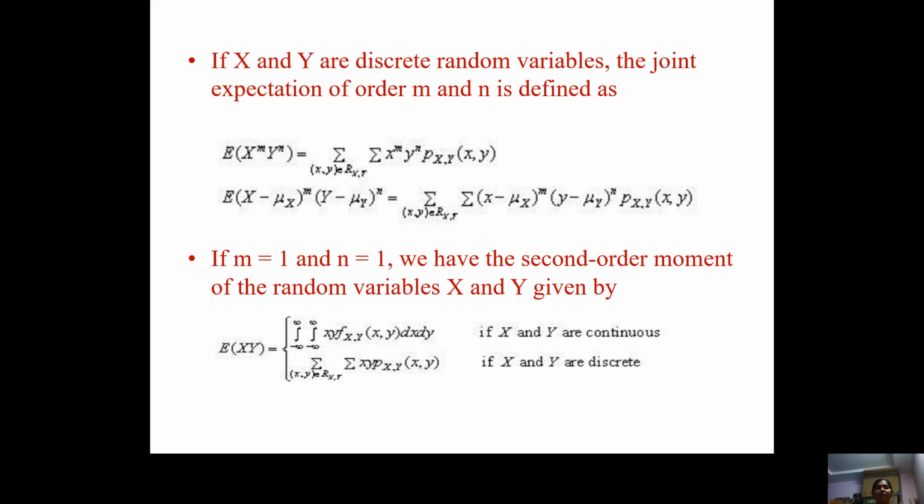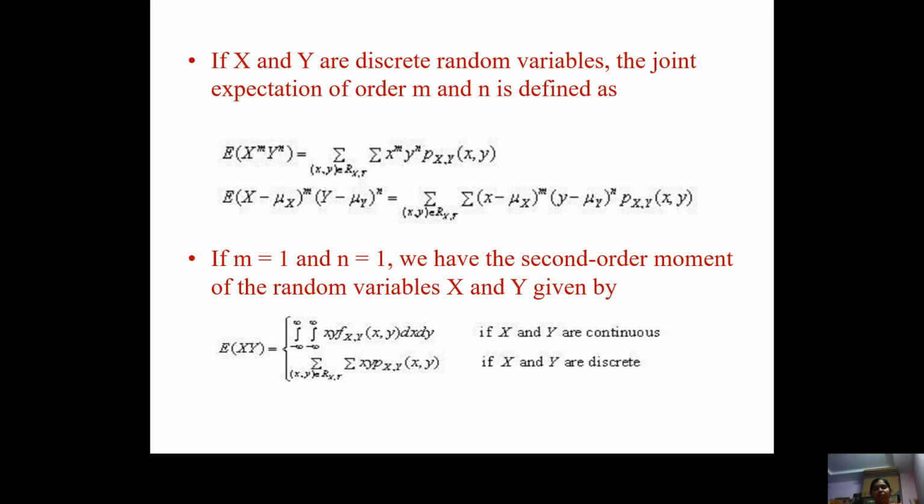But what will happen when they are discrete? We have to take the summation, using sigma, for discrete random variables. So the sum over (x, y), a subset of R_xy, of xy p_xy of x, y. So this is the second order moment.